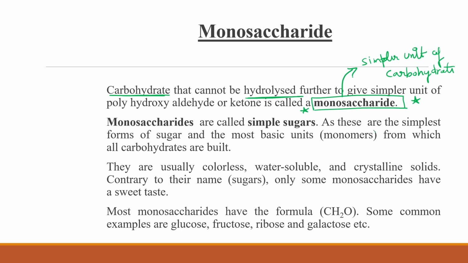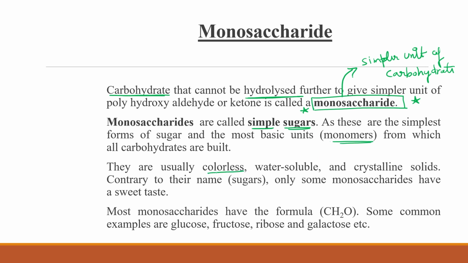Okay, we can also use the term simple sugar for them, although not all are sweet in taste. But still we use the term simple sugar for them, and these are the simplest form of sugar. Okay, and the most basic unit, or we can say simplest unit or monomer, of all carbohydrates.